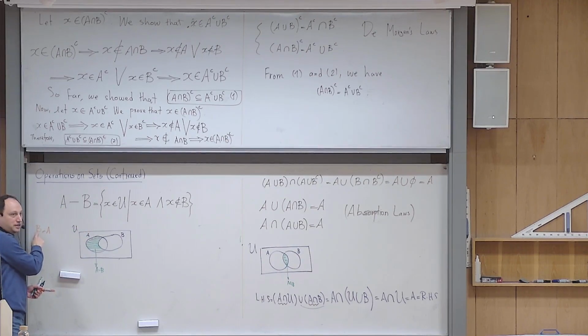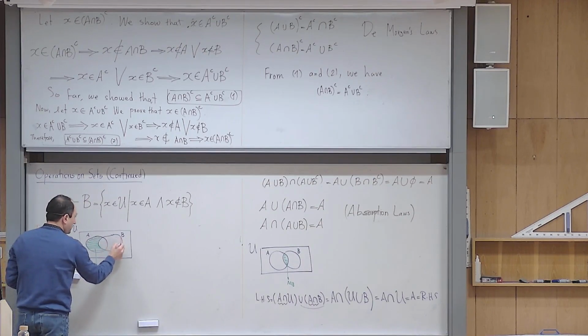But here the first set is B, the second set is A. So if I ask you to color B minus A, where do you color? Everything in B which is not part of A. So hopefully you agree with me, this is the representative of B minus A.